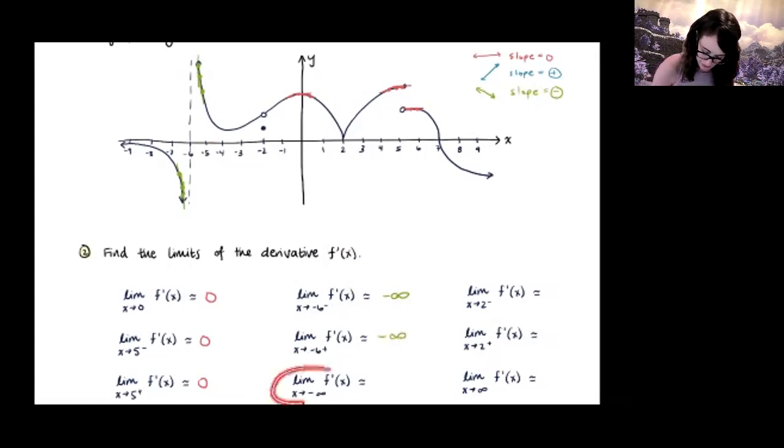Okay, down here we've got the limit of the derivative as x is approaching negative infinity. So that's as x approaches negative infinity, that's going along the function this way. So the function is leveling off, right, and becoming more and more horizontal, less and less steep. So the tangent lines there are also going to become less and less steep, right?